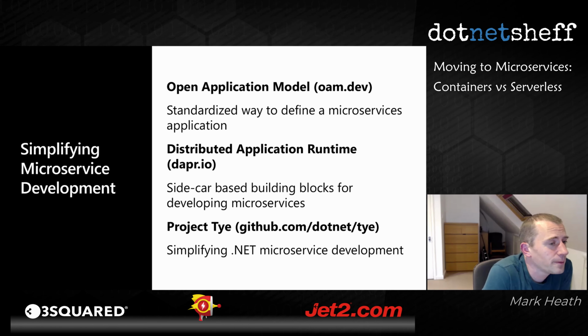Another one that I've been keeping a close eye on, because I think it's spun out from the Service Fabric Mesh team at Microsoft, is called Dapper. And what Dapper is, basically, it's a set of building blocks that implement a lot of the common functionality that you need when you're building microservices.